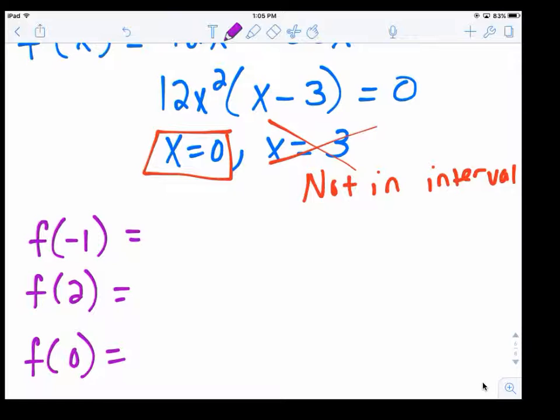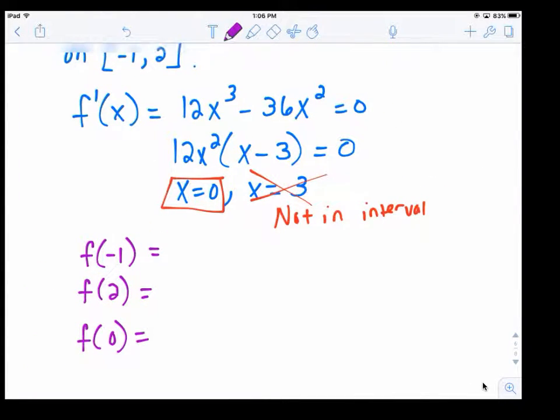All right, so you're plugging that into the original equation. So if I plug in -1, I get 3 plus 12. The original, right. Yes, because that's where the derivative is equal to 0.